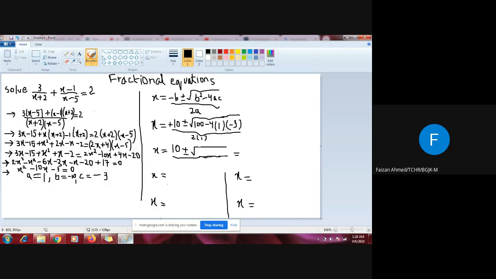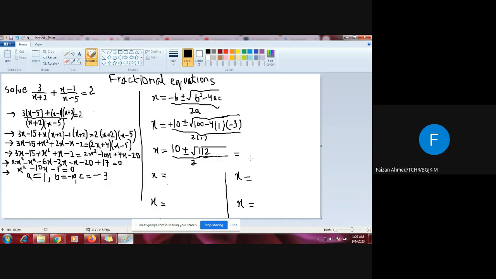Minus and minus positive, and 4 times 3 is 12, so 100 plus 12 will become 112, and 2 multiplied by 1 will be 2. So in the denominator there will be a 2.